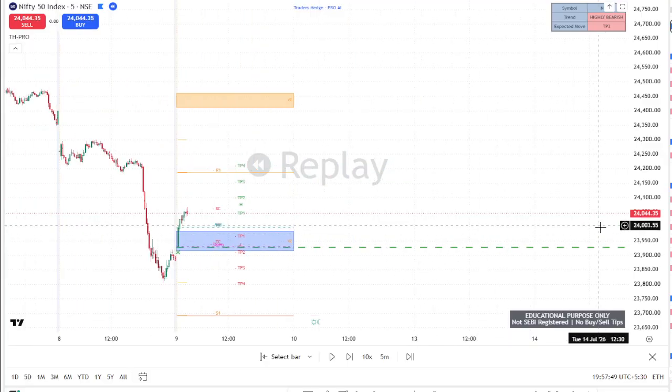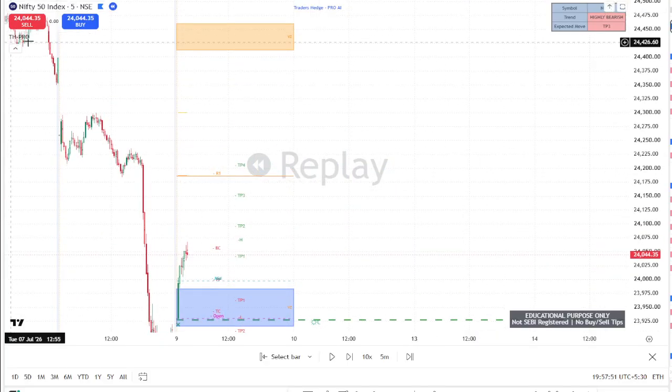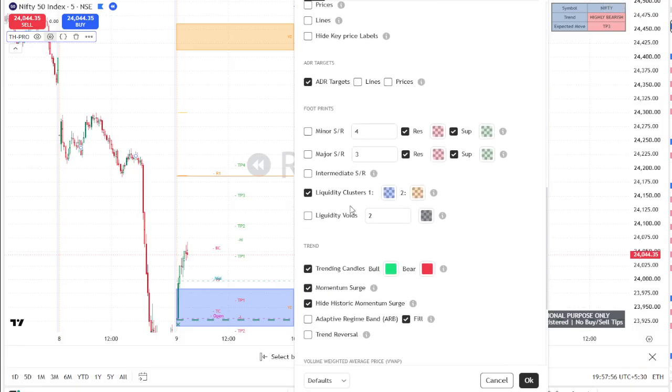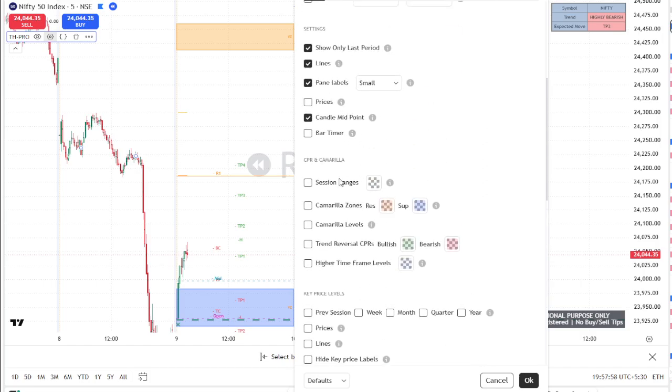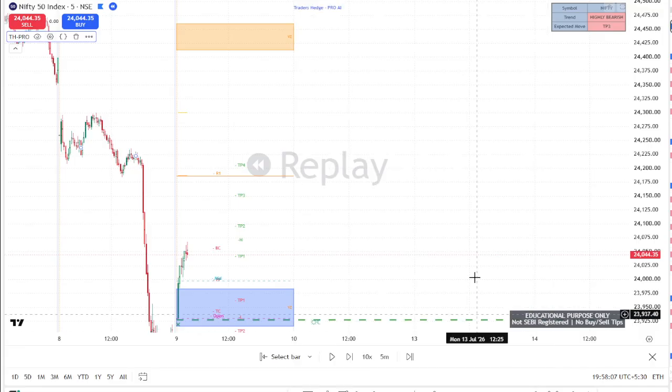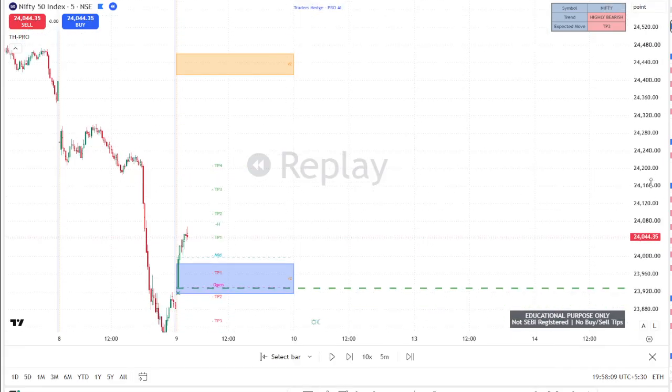Let me hide all the labels so that you can see those. I just wanted to showcase this because you'll appreciate how beautifully these liquidity zones work out.